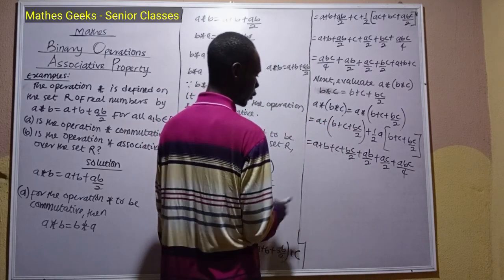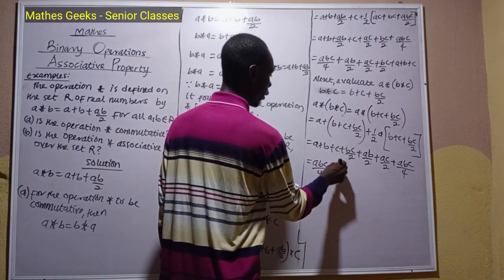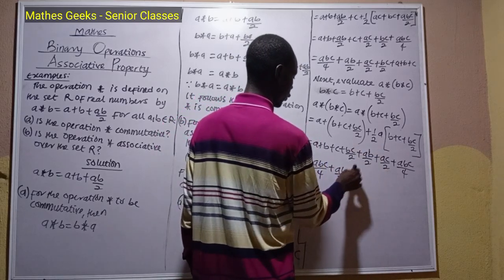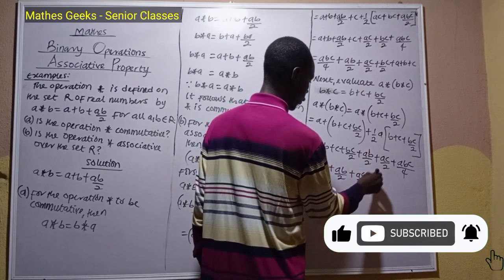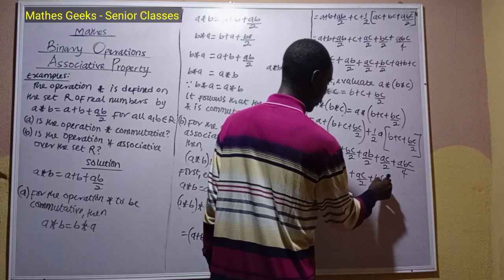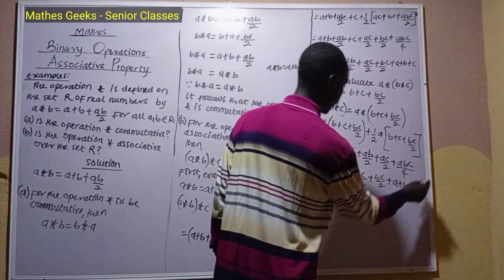So let's write this: ABC over 4 plus AB over 2 and AC over 2 plus BC over 2 plus A plus B plus C.